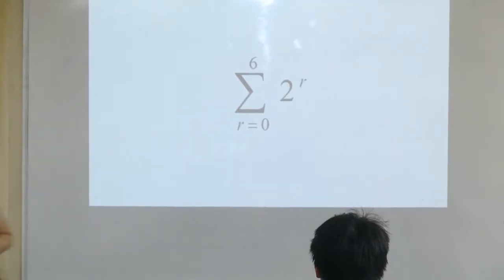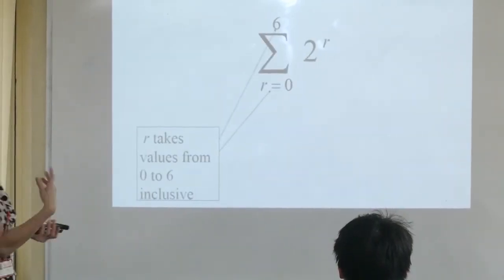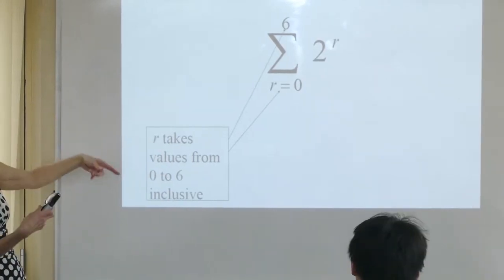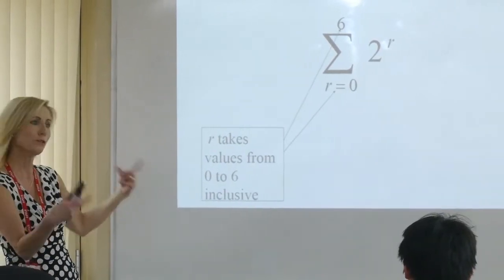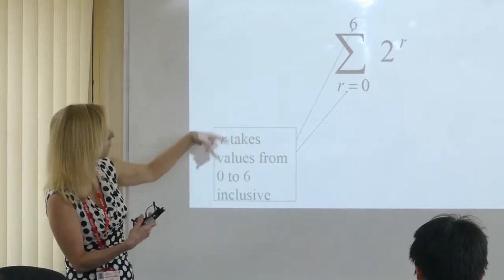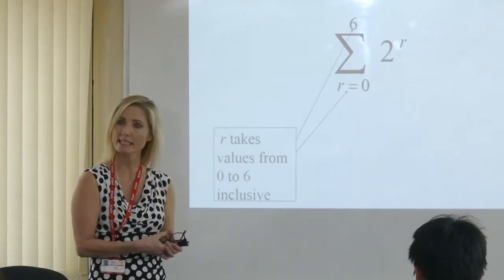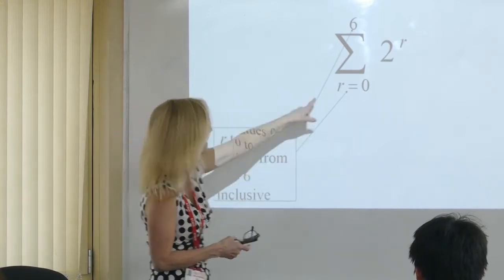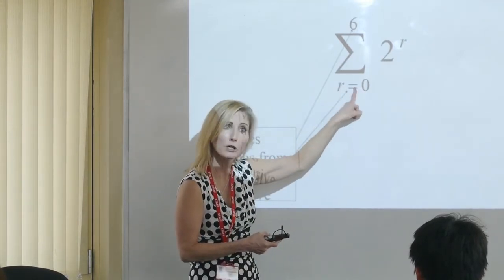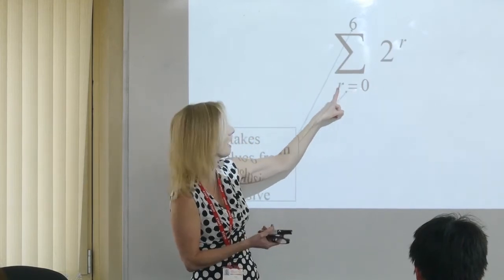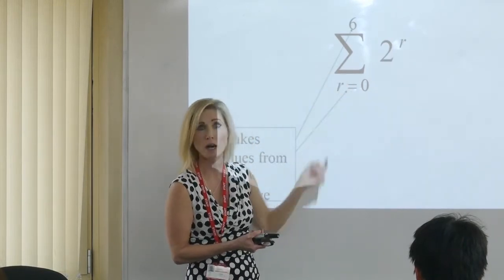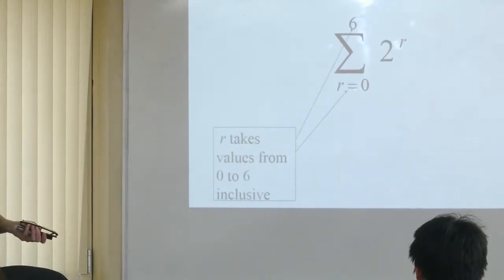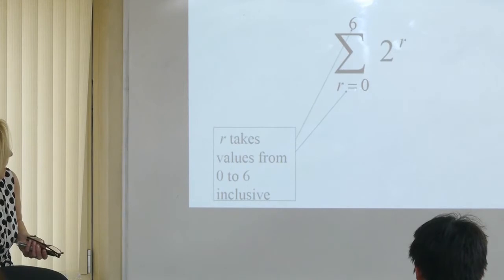And what we're basically going to be doing, we have a formula, 2 to the power of R, and R will increase in turn using the integer values, going from 0 to 6. Now it doesn't necessarily have to start at 0, it could in fact start at 1, but that information would be provided with the lower value here. So it would perhaps say R equals 1 to 6 at the top.